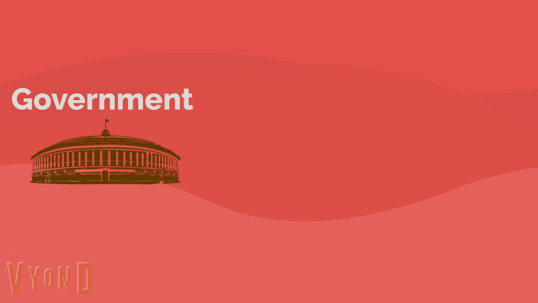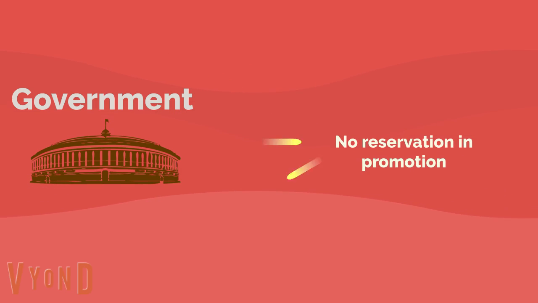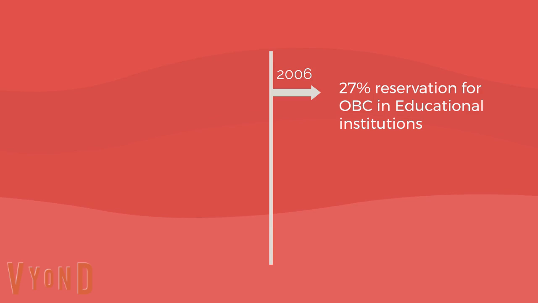Subsequent governments enacted various constitutional amendments to dilute or nullify some of the restrictions enforced by the Supreme Court in the Mandal case. In 2006, the Government of India provided 27% reservation for OBC in educational institutions, including private institutions. The Supreme Court upheld this amendment, again reiterating the strict enforcement of the creamy layer concept in the OBC quota.